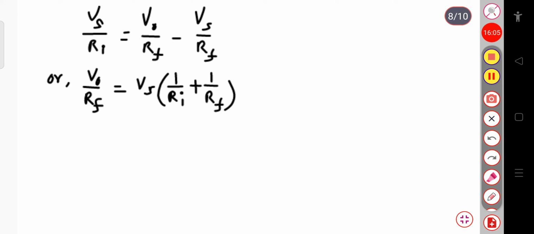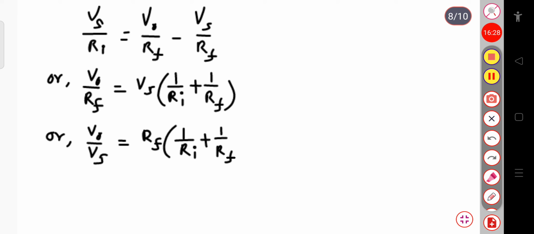Or we can write Vo divided by Vs is equal to Rf into (1 by Ri plus 1 by Rf).